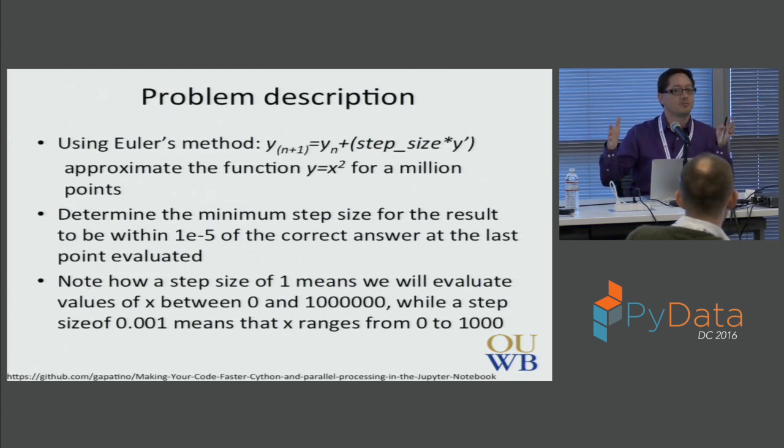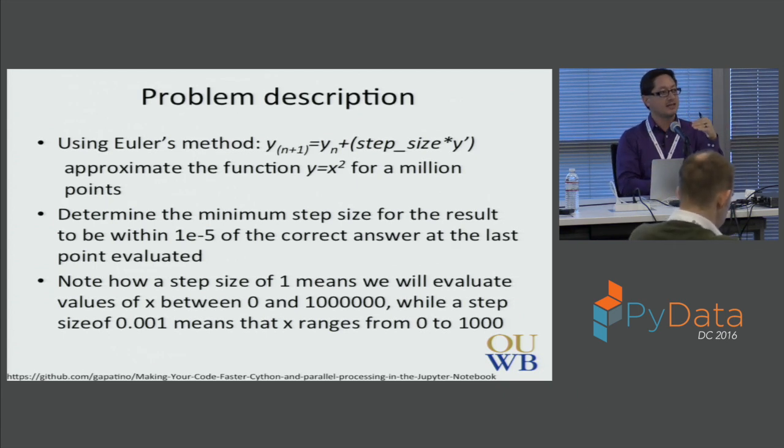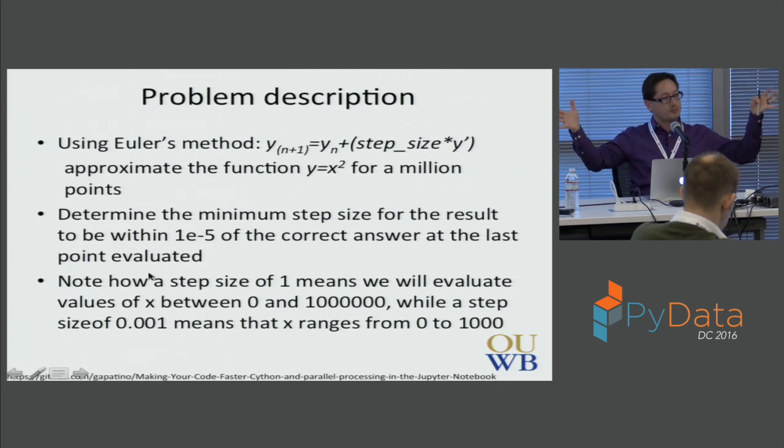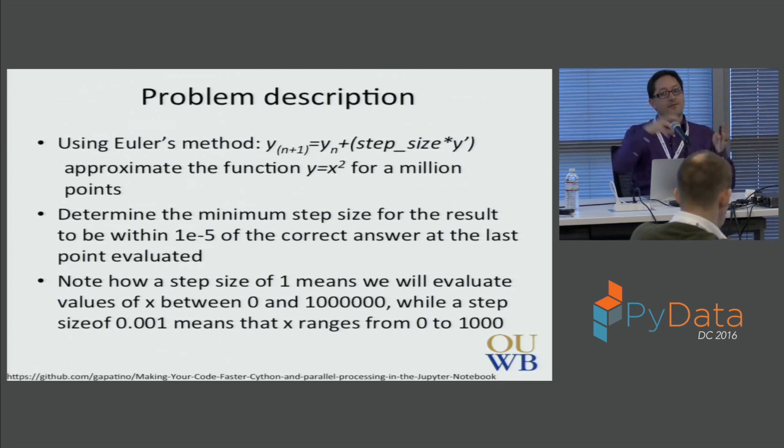This will allow us to better compare how long different functions take in running 1,000,000 different points at every single step. Because we're running 1,000,000 points with different step sizes, the final number that we're calculating is going to be changing, but we are not going to care about that.